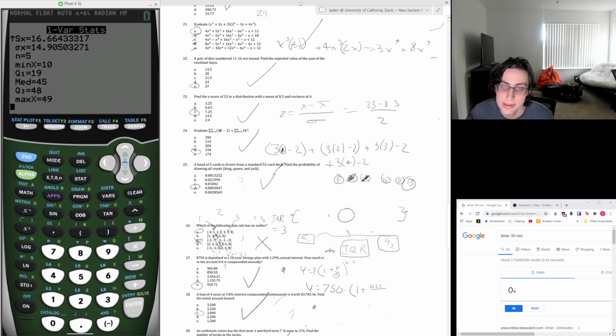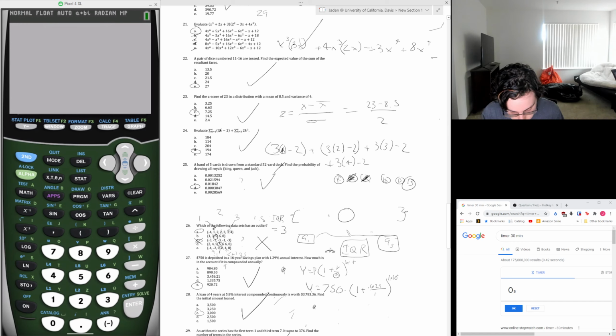Because we're compounding annually and it's annual interest, n is equal to 1, to the 1 times 16. So it's just 750 times 1.0129 to the 16th. That gives $920.72.